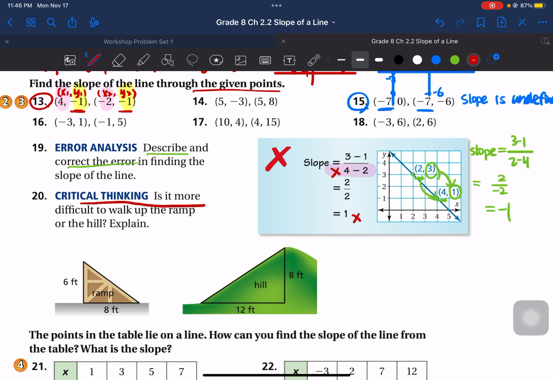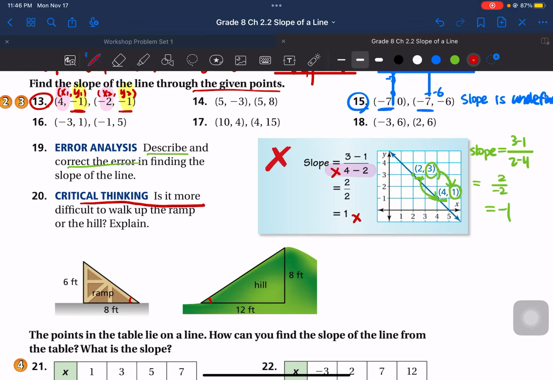Critical thinking: is it more difficult to walk up the ramp or the hill? That means we're looking for the steepness, okay, of the angle. So again, we just use rise over run.